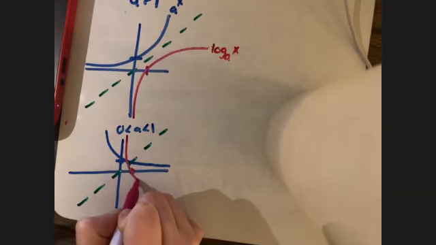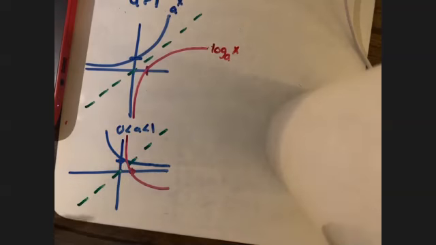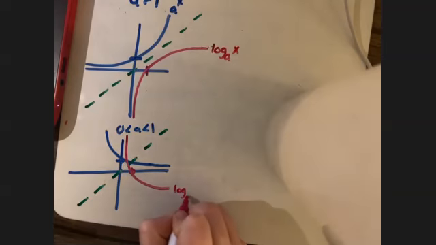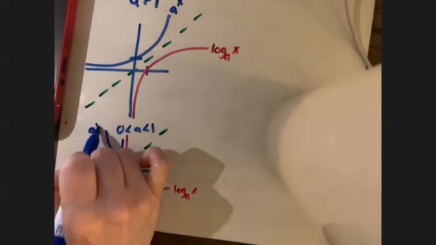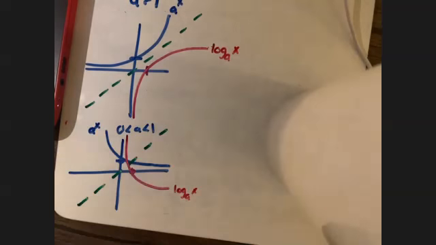And then this thing is going to arch down like this. So this is, again, log base a of x. And this one was a to the x, and that is when your a value, your base value, is between 0 and 1, okay? Just so that we have these when we talk about them.